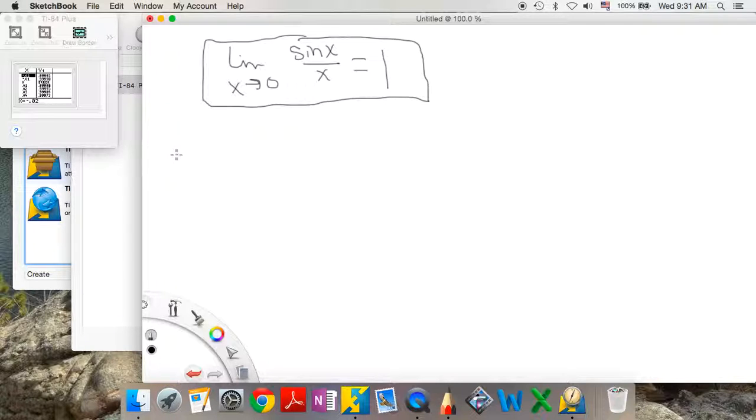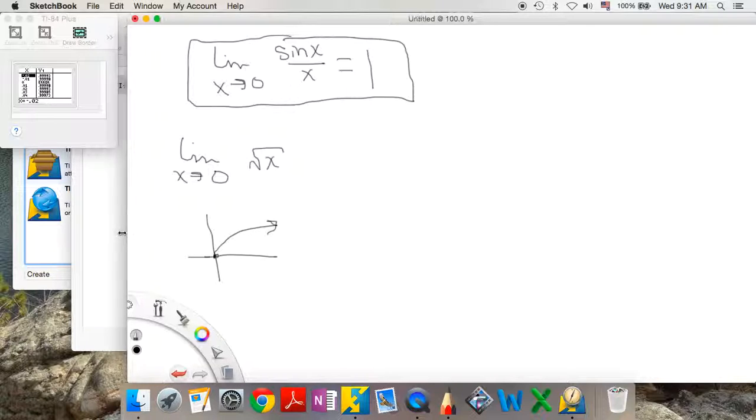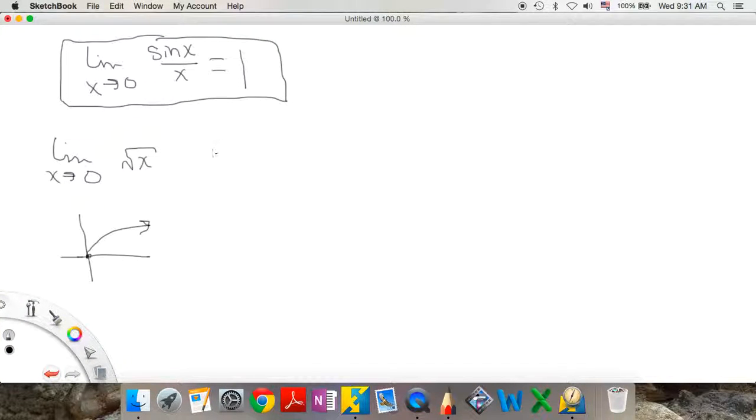Now let's look at a couple of examples here quickly. Let's look at the limit as x goes to 0 of the square root of x. Well, if we look at the graph of the square root of x, we see that if we come in from the left, then it doesn't exist.